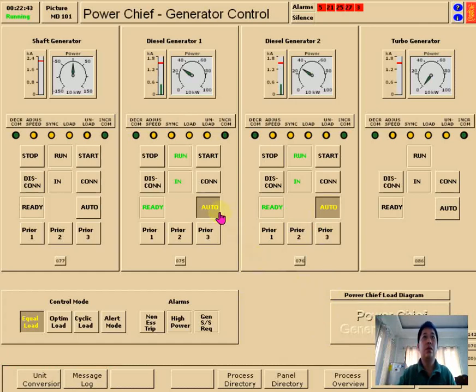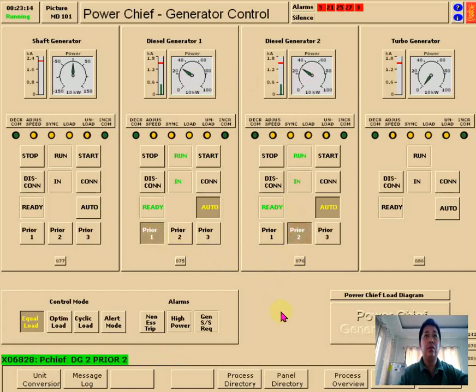Now it's changing to automatic. As you can see, we are in equal load sharing. It is automatically equalized. Before, it was around 500 here, and here the load was only around 100 kilowatt. Now it's automatically in load sharing. We will set the priority here, priority 1 and priority 2.